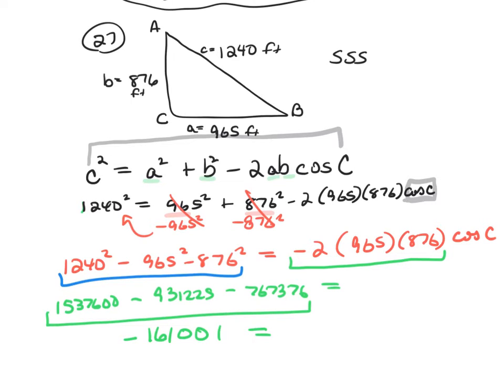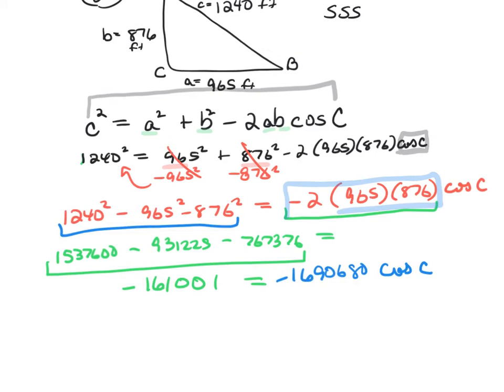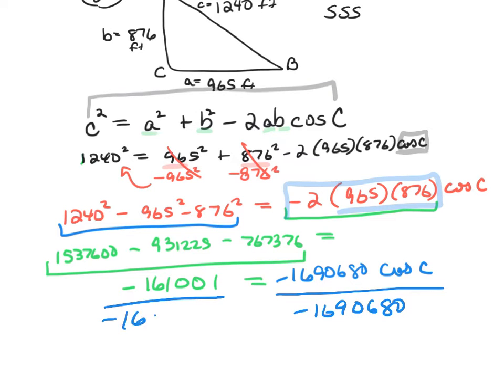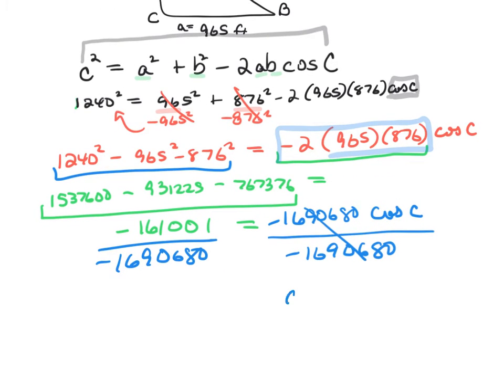So I get this. And now I'm going to multiply these three numbers right here. So negative 2 times 965 times 876, and I get negative 1,690,680 cosine of C. I now need to divide both sides by this, because I need to get cosine C by itself.